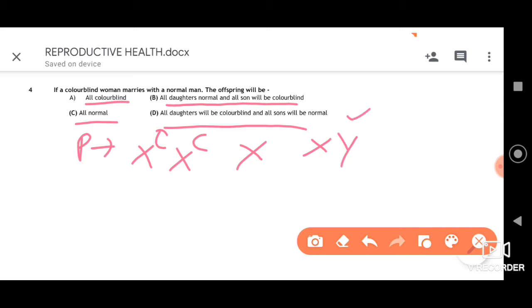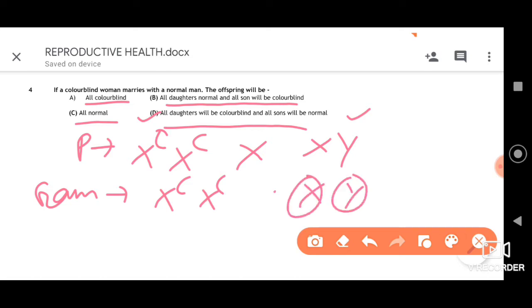XY here is male, XcXc indicates the colorblind woman. So now gametes from this would be Xc, and here X and Y.